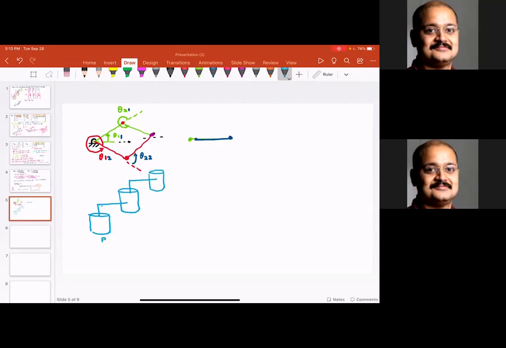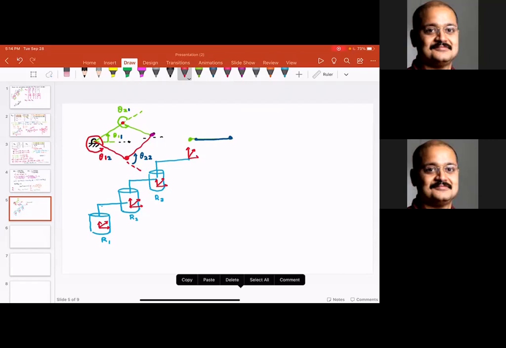So you have R1, R2, R3, and finally you have an end effector. Now the problem is, again, you will start with your sign convention, and then formulate 0.